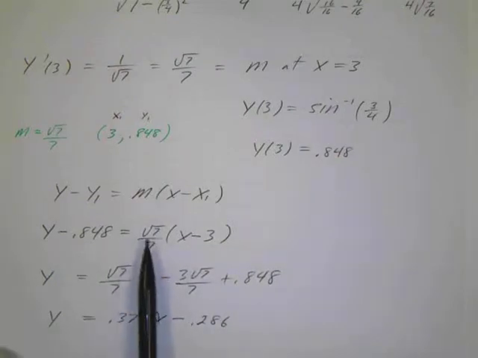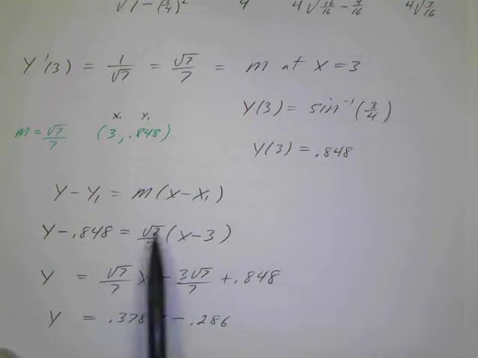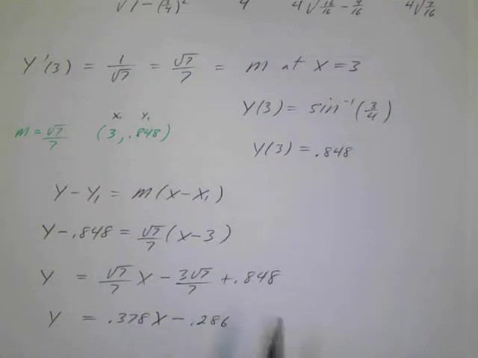And then I could just multiply the square root of 7 over 7 times x minus 3 times the square root of 7 over 7 when I multiply these. And then if I add this 0.848 to both sides, I'm almost done. Then the book had the answer in decimal, so I just changed this to a decimal, divided the square root of 7 by 7, and then I combine these.